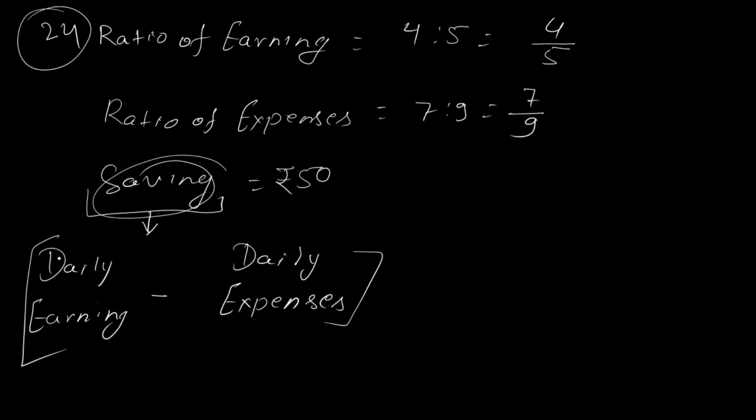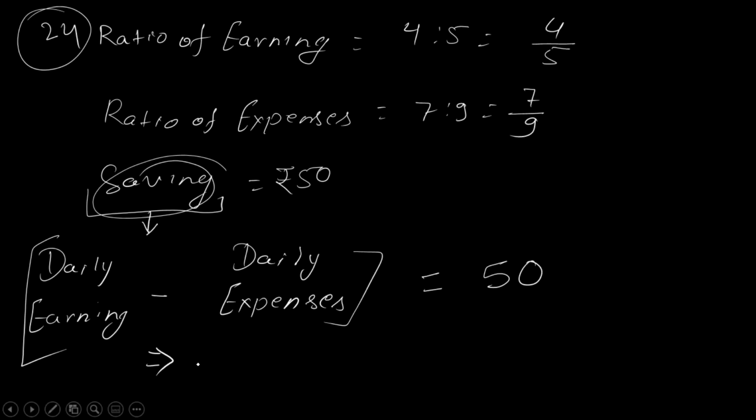So yours daily earning minus yours daily expenses and that is given rupees how much? 50. तो कहने का मतलब your earning minus your expenses is 50. I will use this later on.